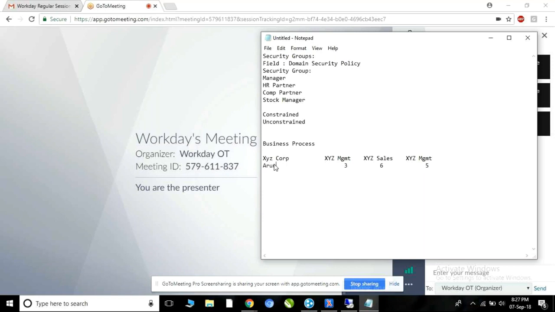Let's say in XYZ Corp there is Arun, then Rahul, then Shashank, then Vivek. In XYZ Management it's Deepak.